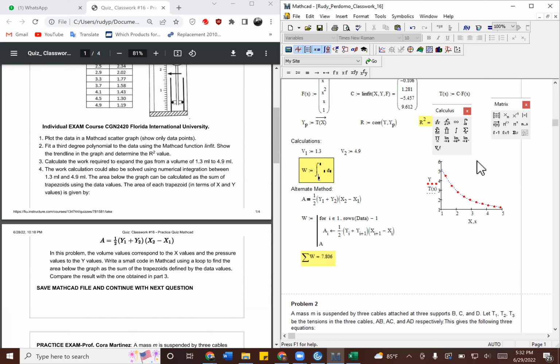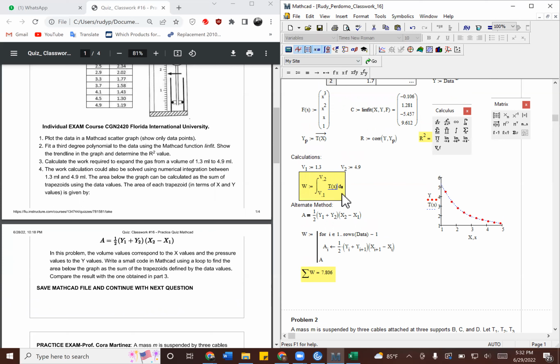So you put V.1 and then V.2. And then here you can't use the data points because you need a function here. So we are going to use our trend line that we found. So T of X and then dx, because that's the independent variable here. And then you just equal and you get this number.